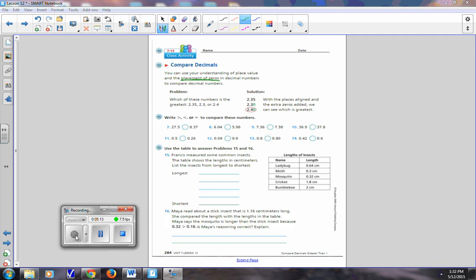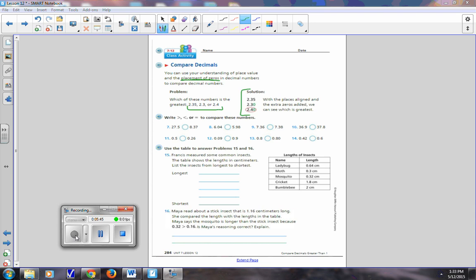So which of these numbers, 2.35, 2.3, or 2.4, is the greatest? If you notice over here, you line them up with the decimal point, and it fills in the blanks with zeros. Because if you add a 0, does that change the value? No, it just fills in the space. We can tell right away which one's the biggest.